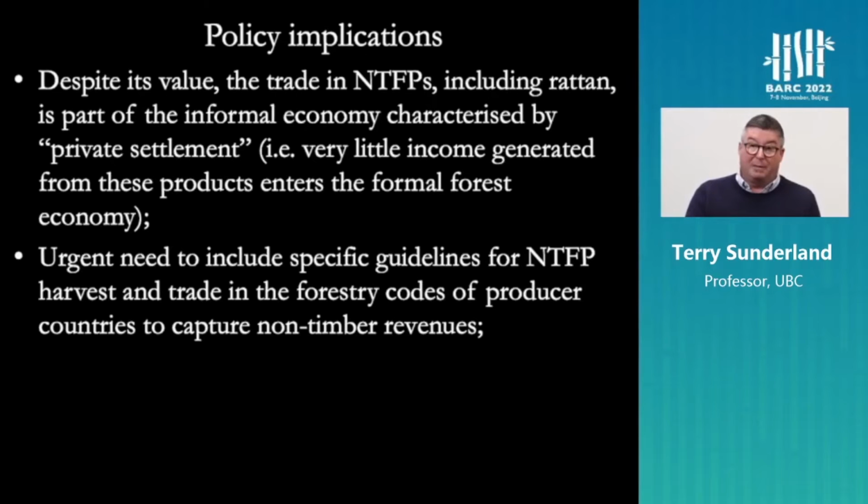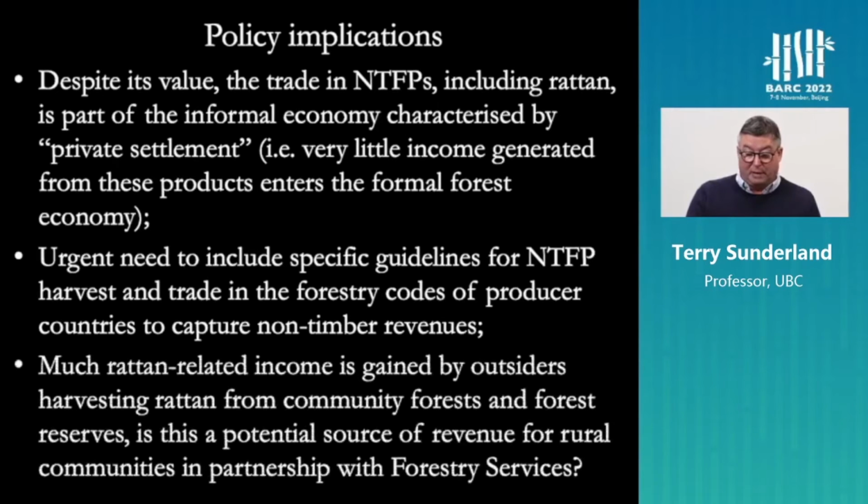We need to develop and implement guidelines for the NTFP harvest and trade in the forestry codes of producer countries. And much rattan-related income is gained by outsiders, and so it becomes essentially a free resource, which leads to open access from external harvesters, and they have no consideration for the long-term sustainability.